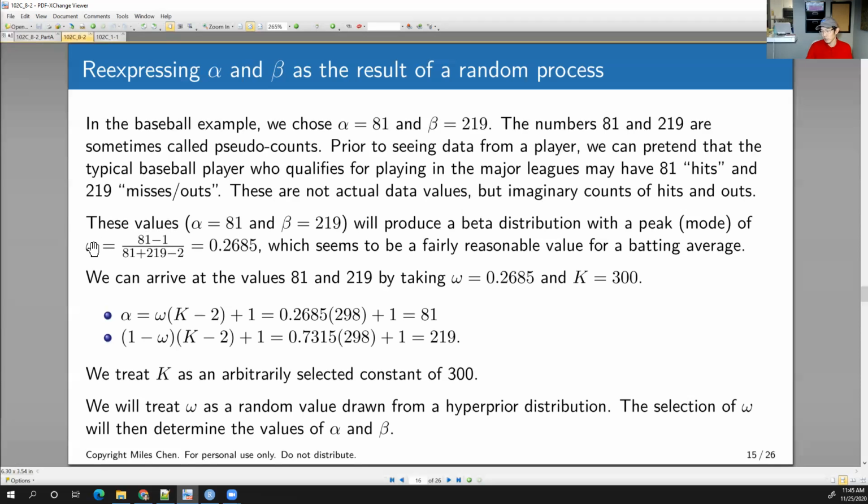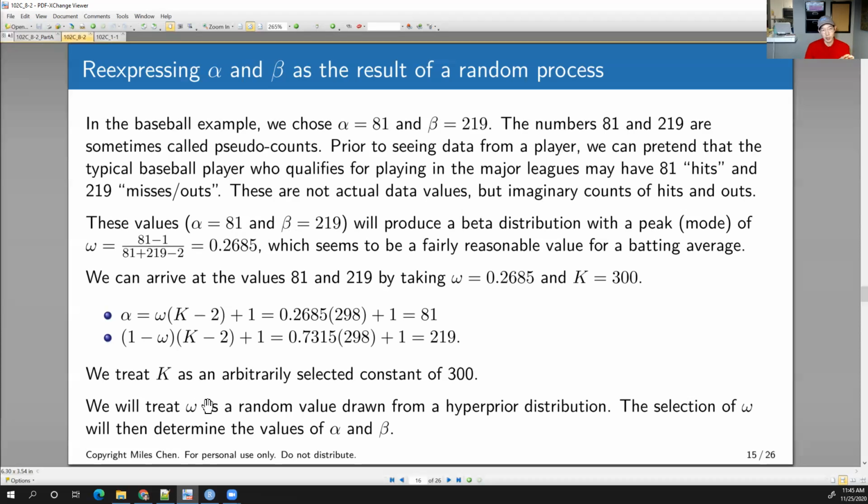And right now our value for omega is 0.2685, okay? And that seems to be a reasonable value to use for batting average, okay? And rather than drawing alpha and beta directly, we're going to treat omega as the random value, okay? And so omega is going to be this random value, and we're going to determine the values alpha and beta based on our choice of omega, okay?